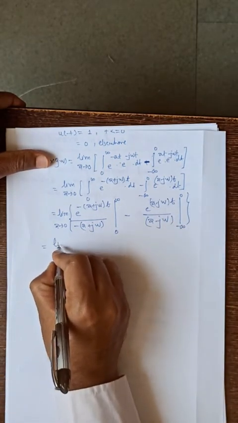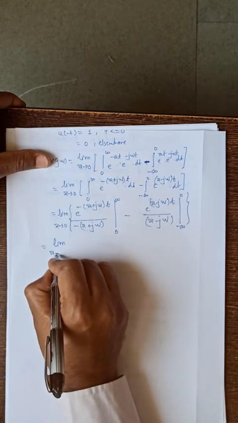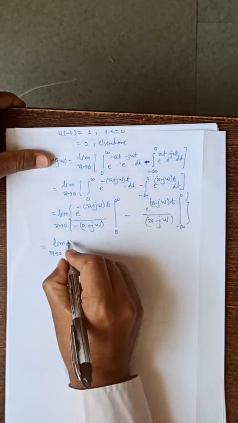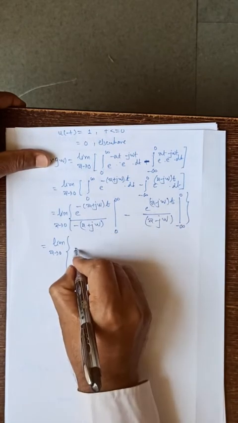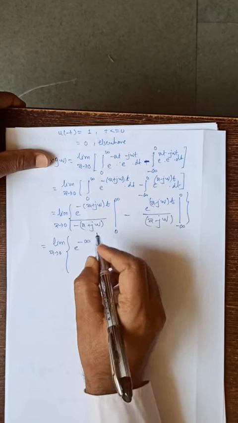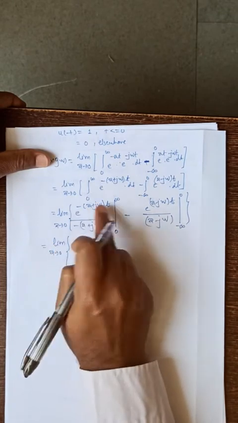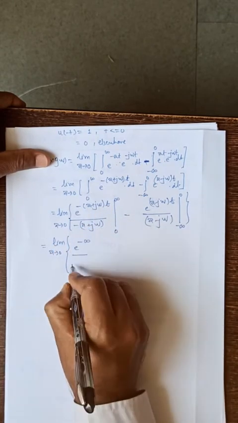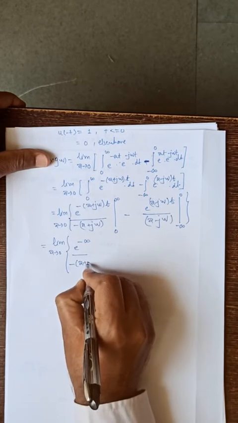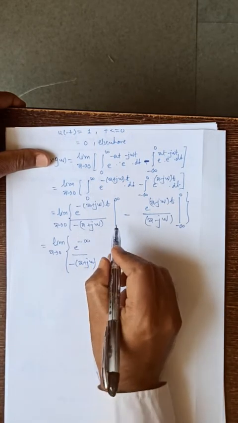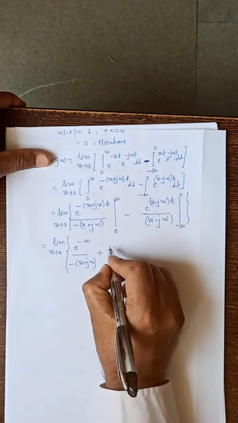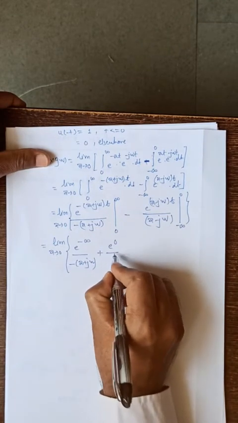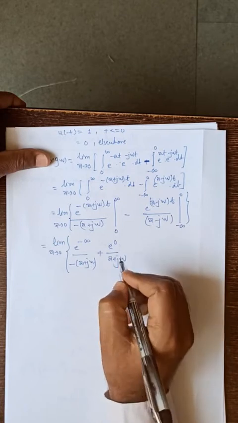Now limit as a tends to 0. Put the upper limit first, then the lower limit. Now t is equal to infinity, so minus sign, e raised to minus infinity divided by minus (a plus j omega). Then minus the lower limit, so minus minus becomes plus here, e raised to 0 divided by a plus j omega.